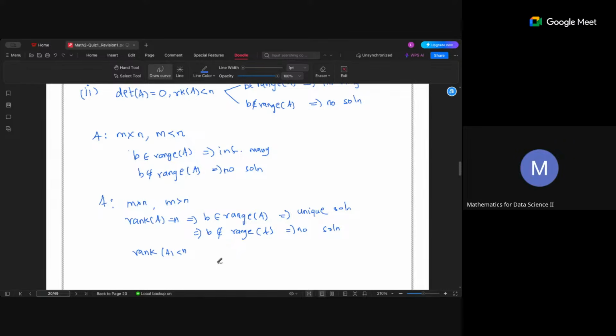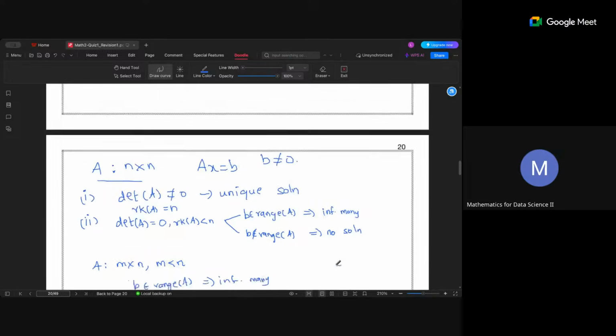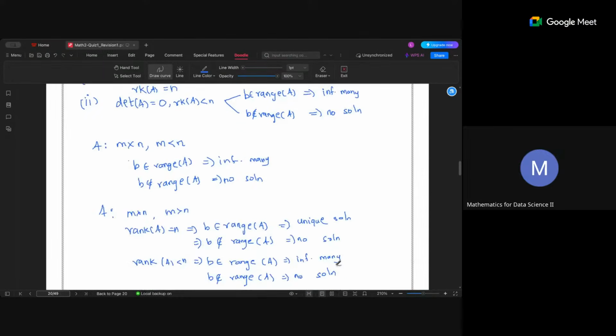It will not be unique. So if B is in range, then you will have infinitely many. And if B is not in range, no solution. These are all the possible cases for a non-homogeneous system.